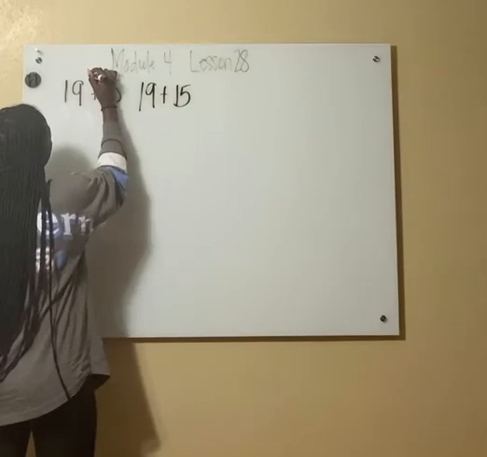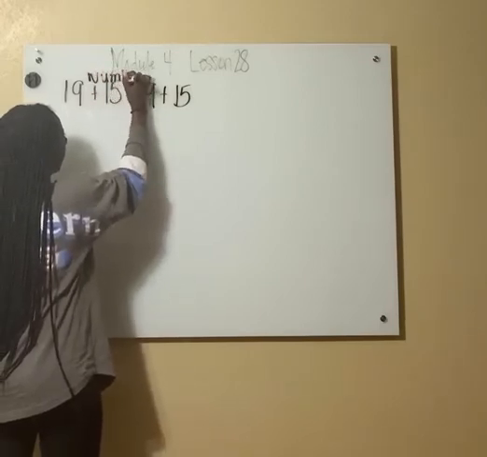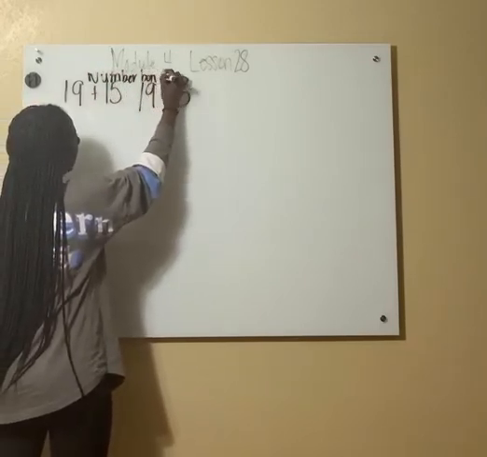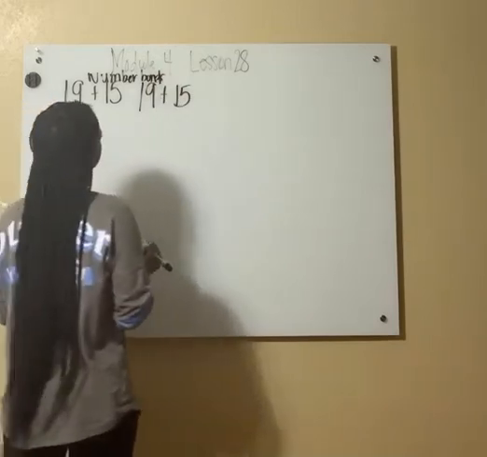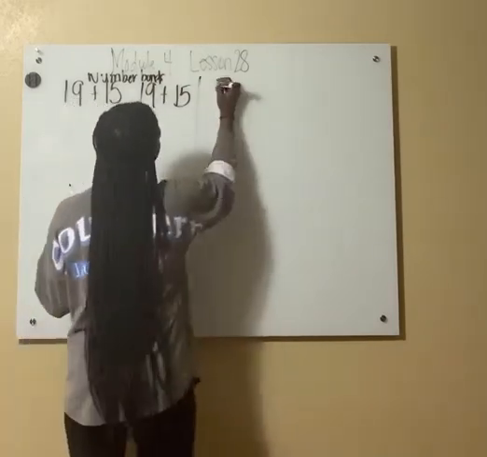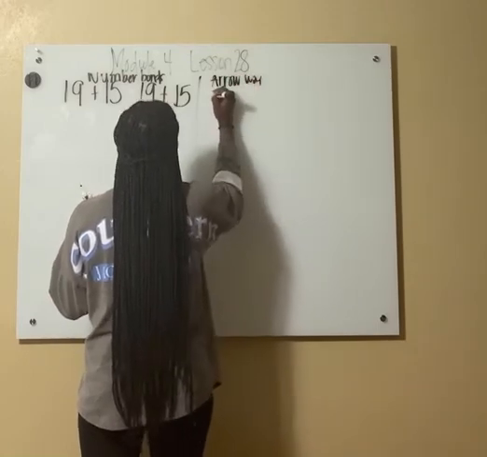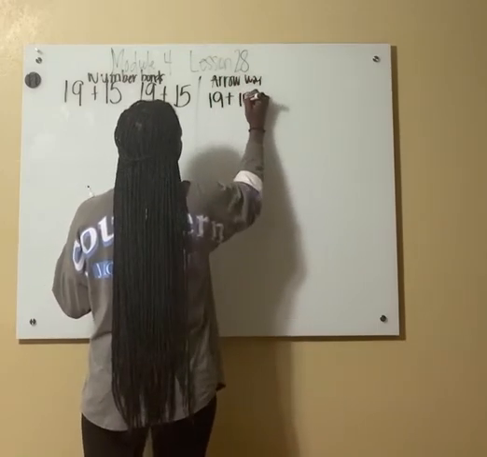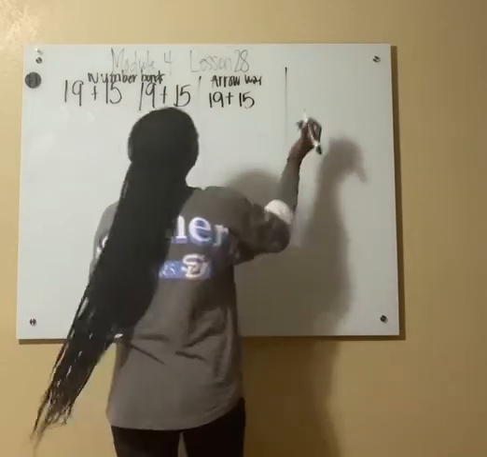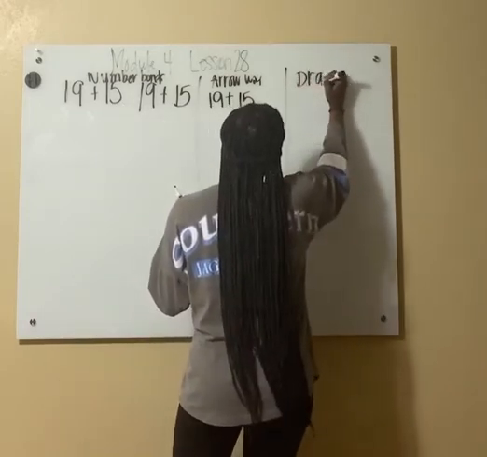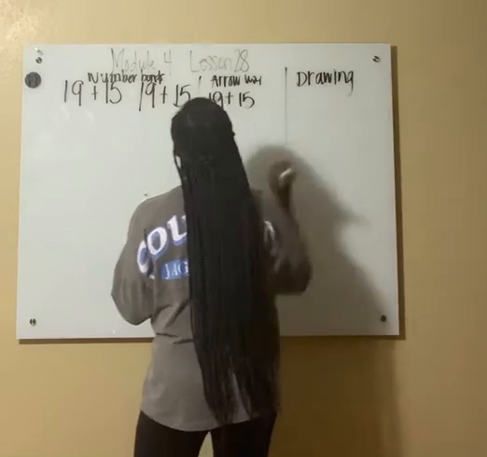And this is our number bonds. Here we'll have our arrow way. And here you have your drawing.